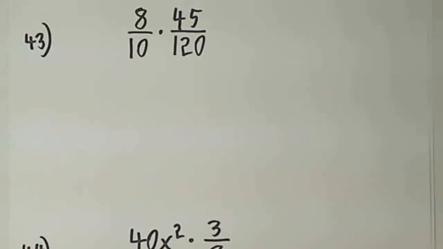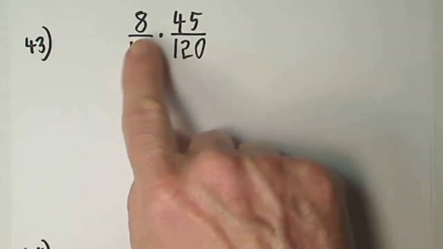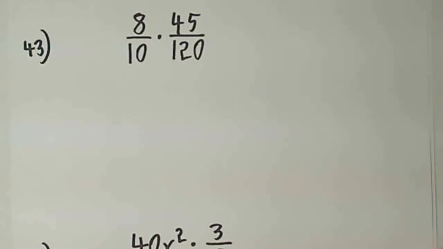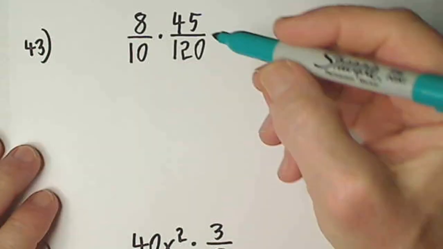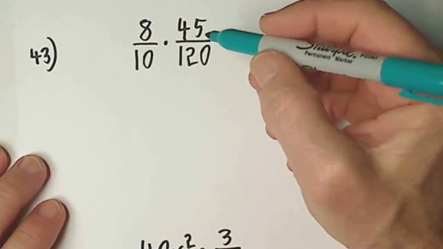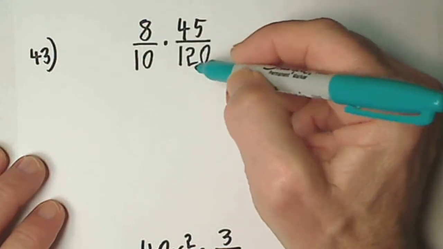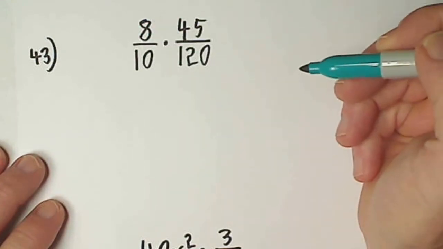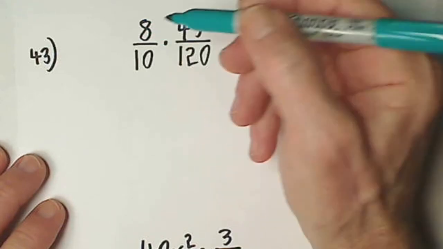All right, so for 43, we are to multiply these fractions, and it's always a good idea to reduce when you can. We can make our life a lot easier here. I happen to remember from earlier on that 8 goes into 120.